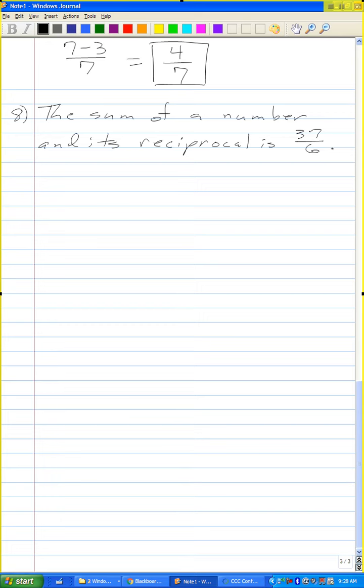No, it's not. I looked at the wrong problem. The sum of a number and its reciprocal is negative 25 over 12. Find the numbers.